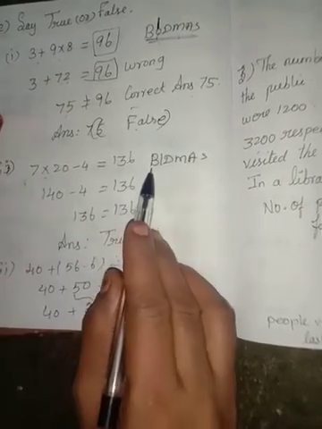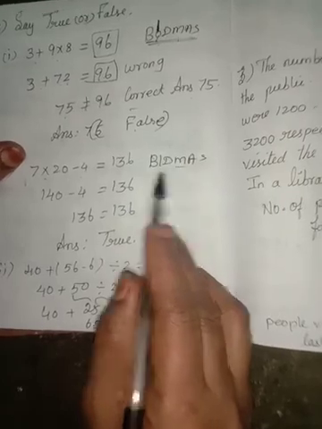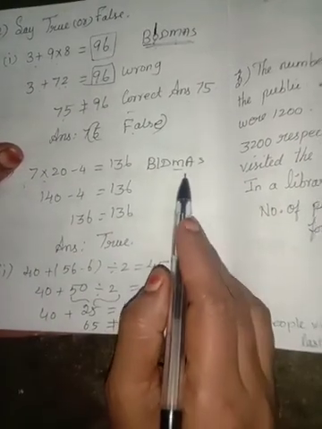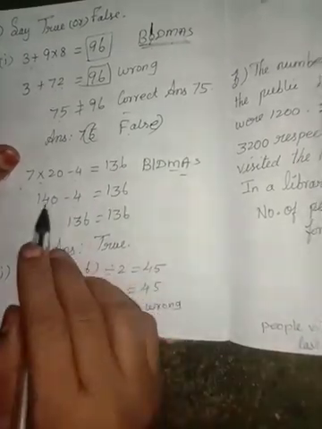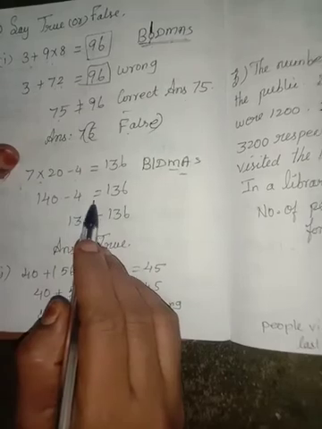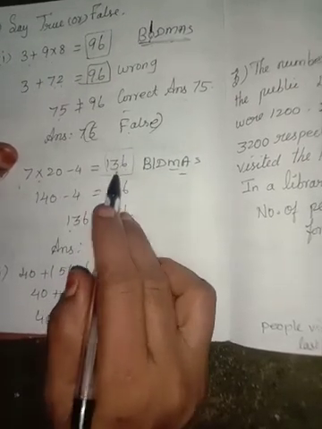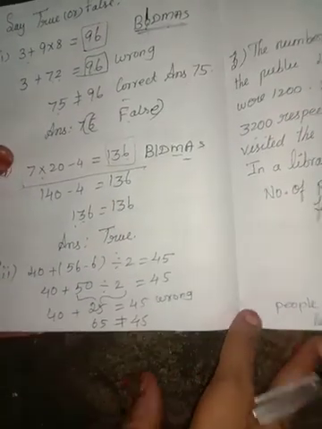So here there is no bracket, no integers, no division, there is multiplication. So 7 into 20, 140. Addition is not given in this case. So we should take subtraction. So 140 minus 4 is equal to 136. So the right hand side also is given as 136. Both are equal. So the given statement is true.